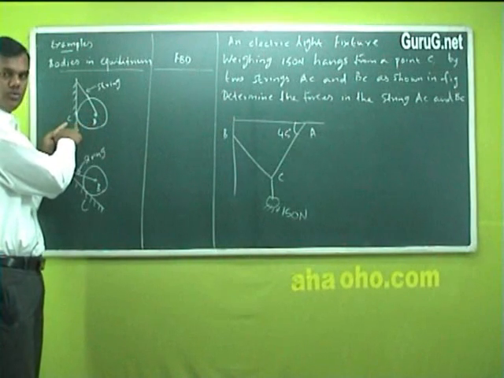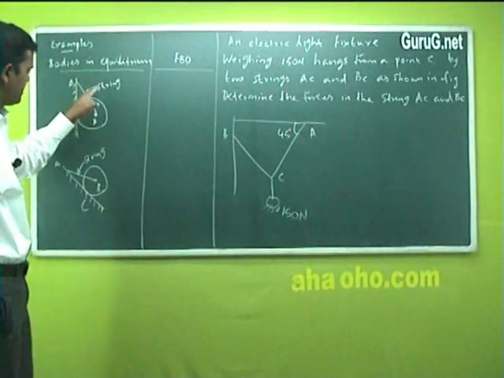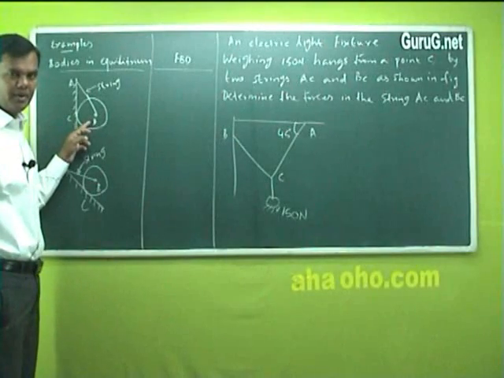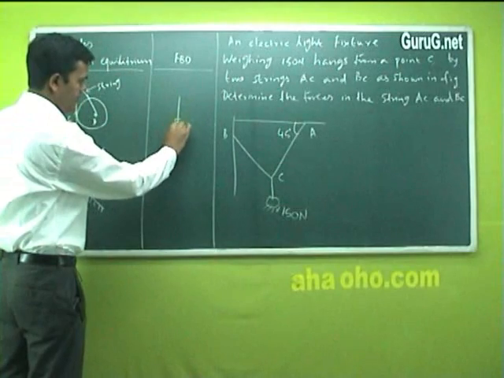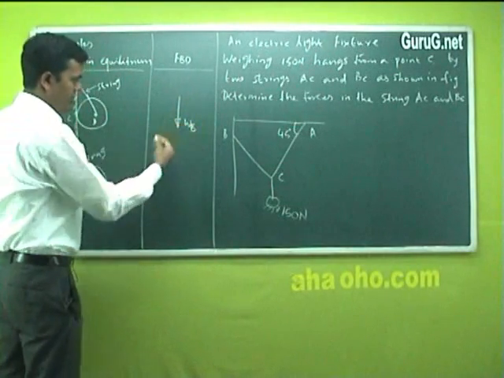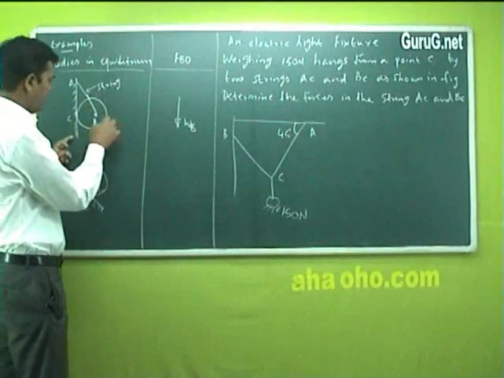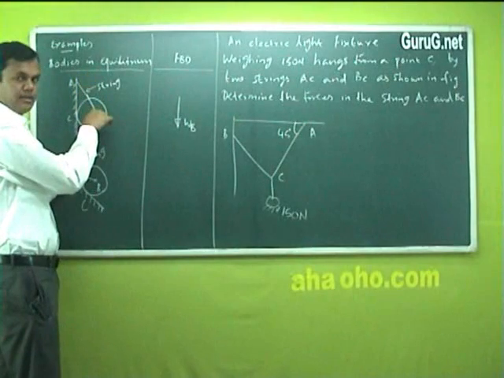Now B and C are two points, and this point I will take as point A, where the string is fixed. It's just a wire or string consideration. Now how do we write the free body diagram for this? First is the self weight of the body, and this is a straight vertical line, and next is a force in the inclined direction.